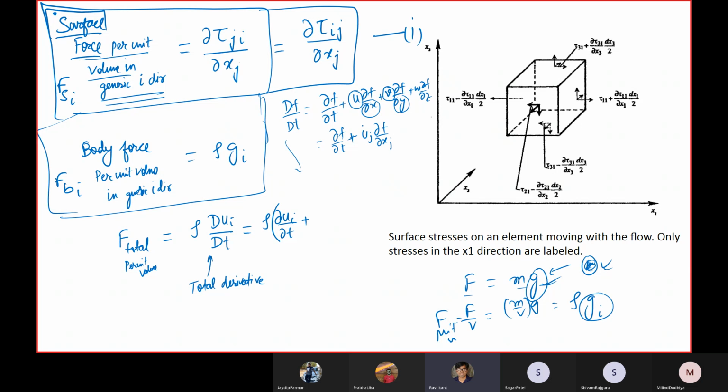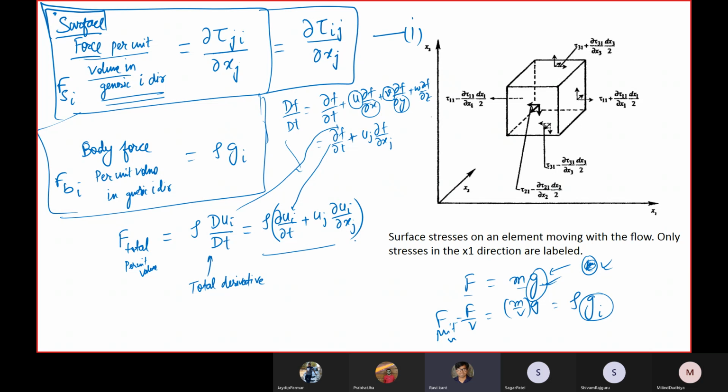And this f here is ui, so just replace f by ui: uj dou ui by dou xj.